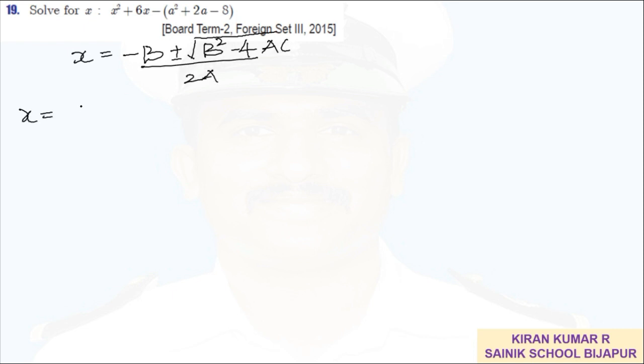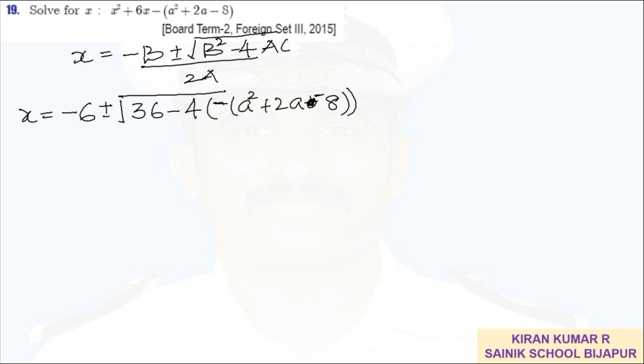So x will be equal to minus 6 plus or minus root of b square is 36 minus 4 times of a is 1, so I will only consider c, which is negative of a square plus 2a plus minus 8, divided by 2a, which is only 2.